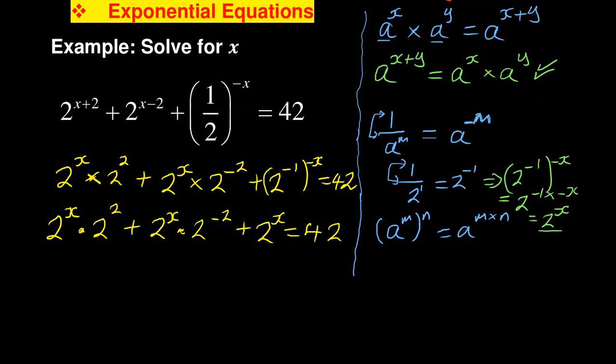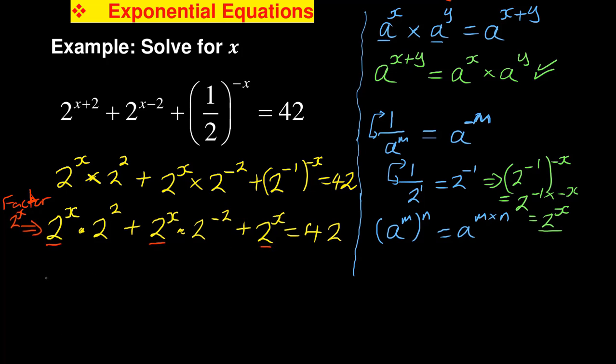What you have to do now, the next stage here, you need to factorize. So we are going to factor 2 to the exponent x. As you can see, it is common.